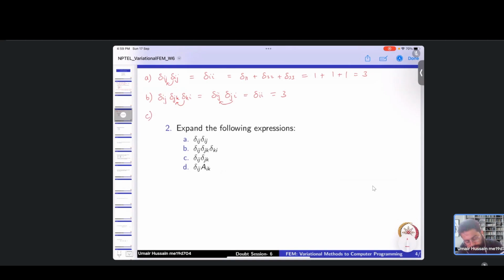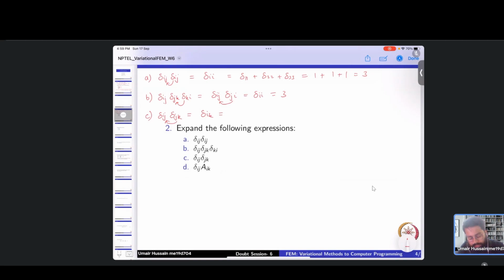Next we have delta ij times delta jk. So here we can again replace this, we get delta ik. And so it is completely normal if we change any index to another index, if it's not already present in the equation.